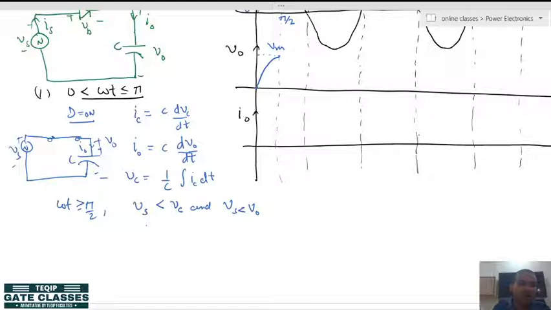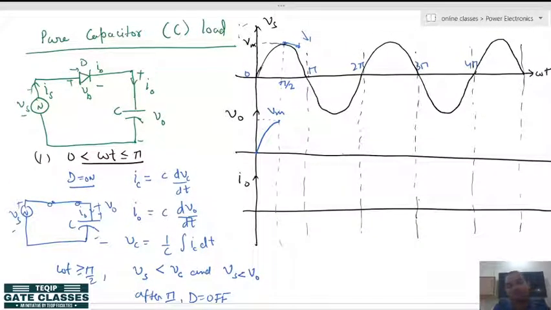So, after pi by 2 the diode is basically off. When the diode is off, there is no discharging path for the capacitor and the capacitor is an ideal pure capacitor. So, the capacitor will hold this Vm value till the end of the cycle. Till the end of this half cycle the capacitor will hold this Vm value.